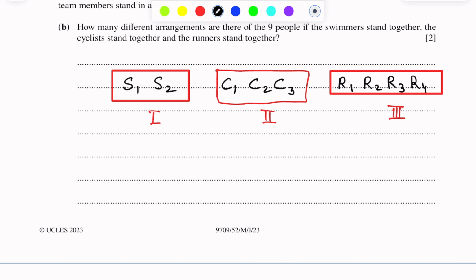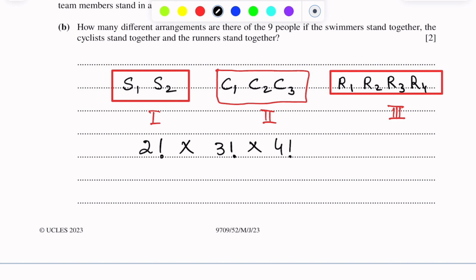We can arrange the two swimmers in two factorial ways. Multiplied by, for three cyclists, we can arrange them in three factorial ways. Multiplied by runners, there are four runners. We can arrange them in four factorial ways.